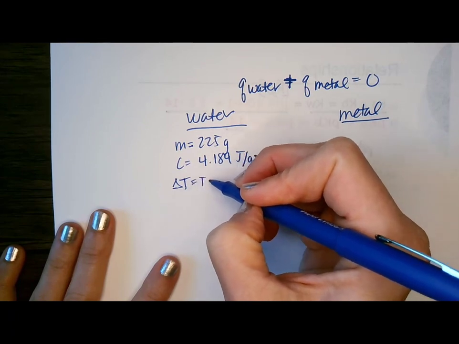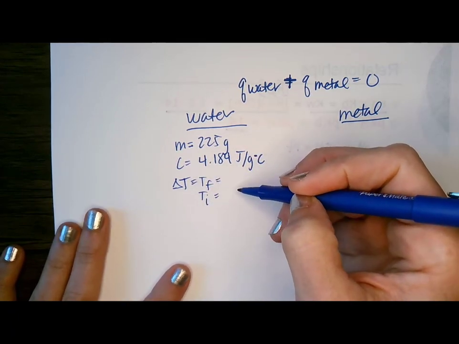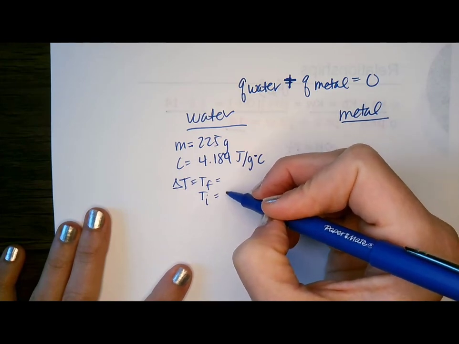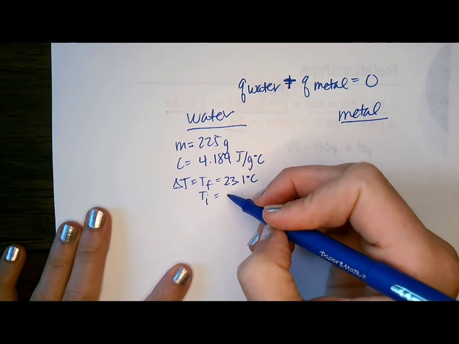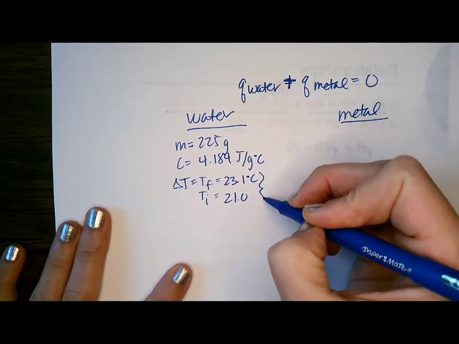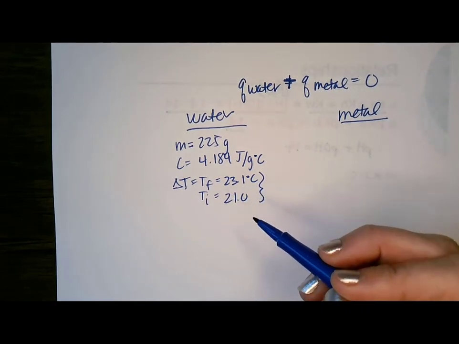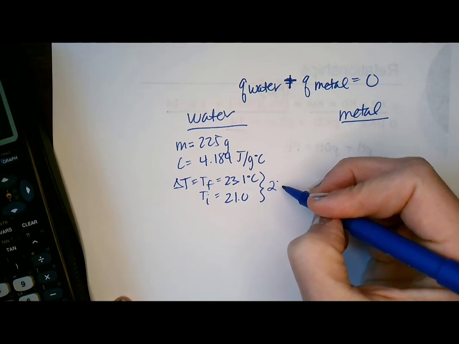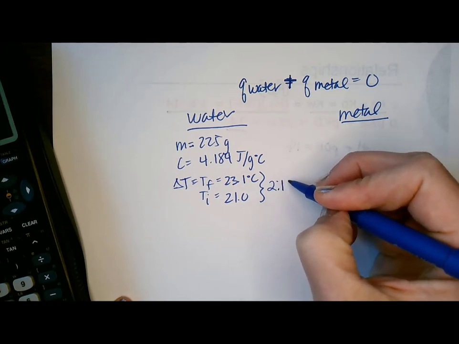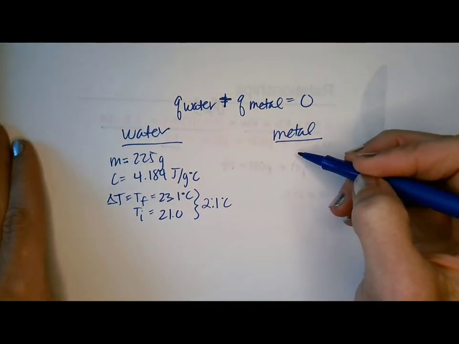Our final temperature of our water was 23.1 and our initial temperature of water was 21.0. So TF minus TI, 23.1 minus 21 should just be 2.1 degrees Celsius.